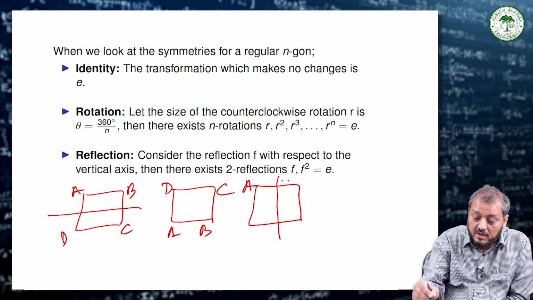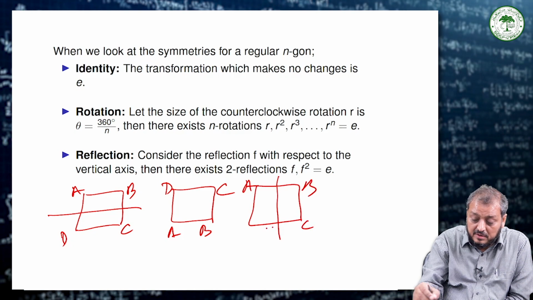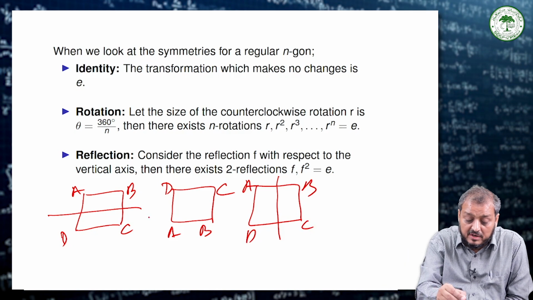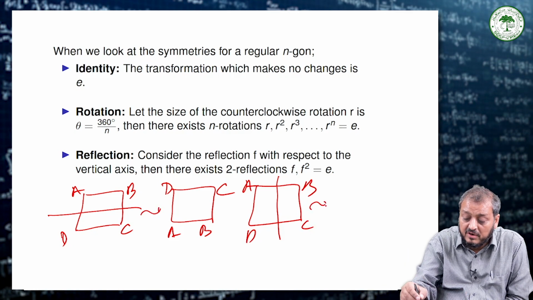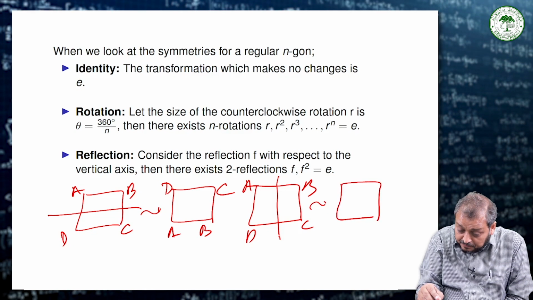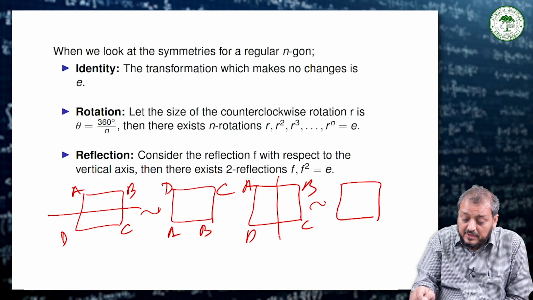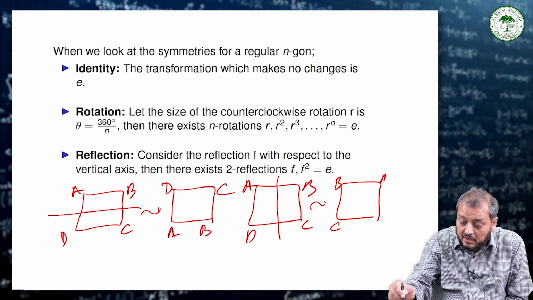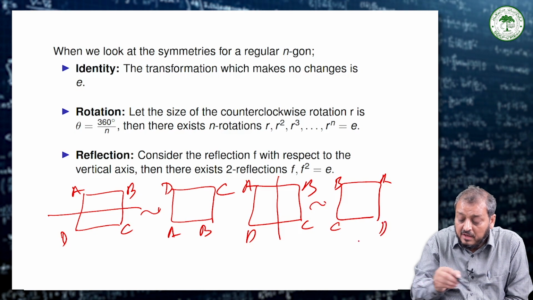So we have A, B and C, D, and if we take the vertical, then we have A, B and C, D swapped accordingly.